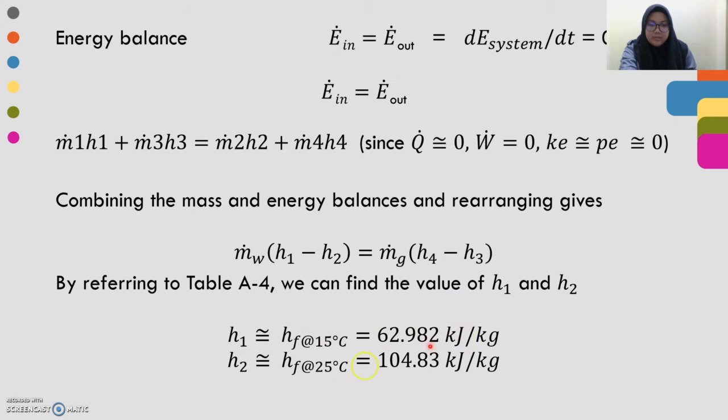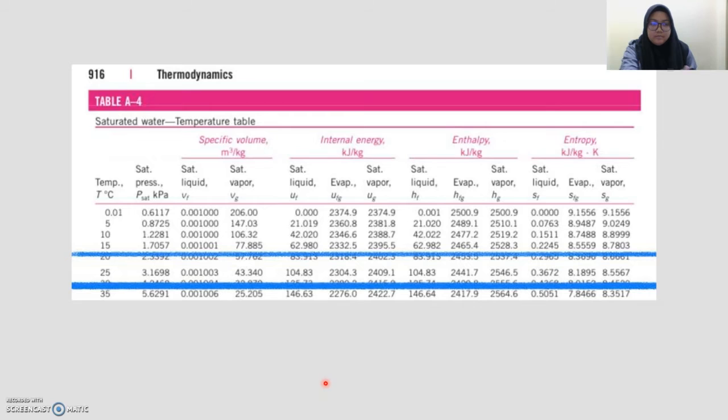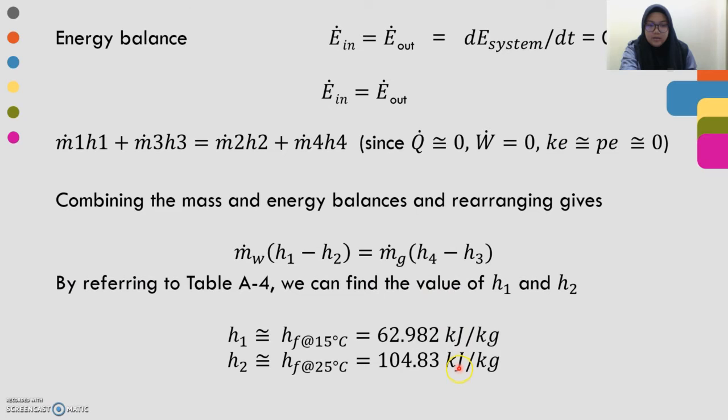Next, H2 is also equivalent to Hf at 25 degrees Celsius. Back to the table of properties, find 25 degrees Celsius, and we see that Hf is 104.83. So that's the answer.